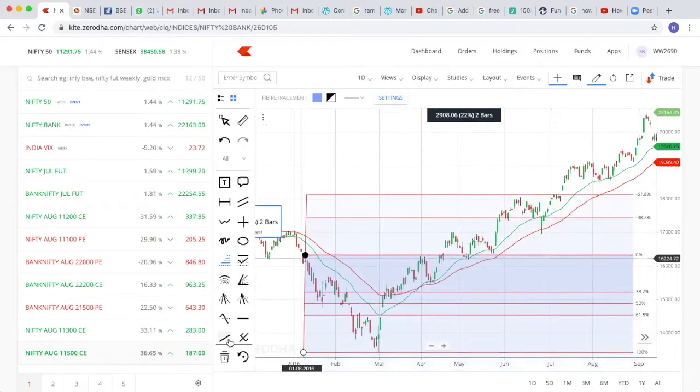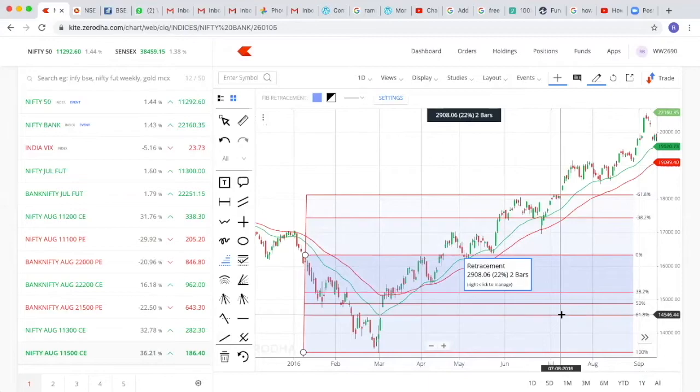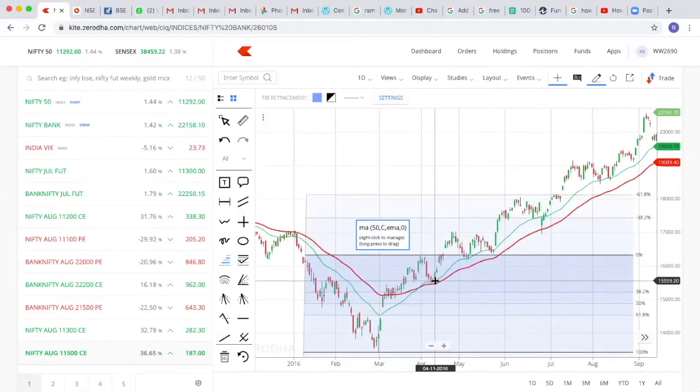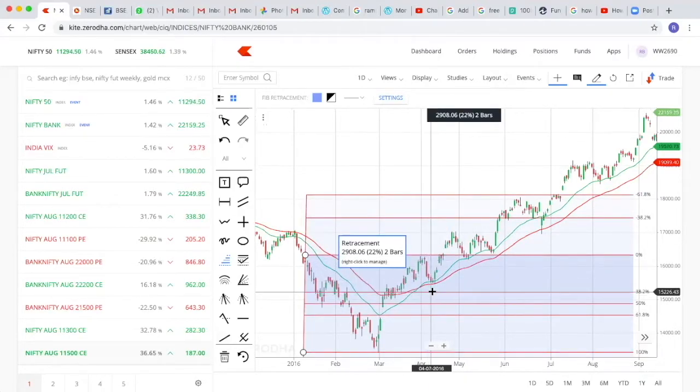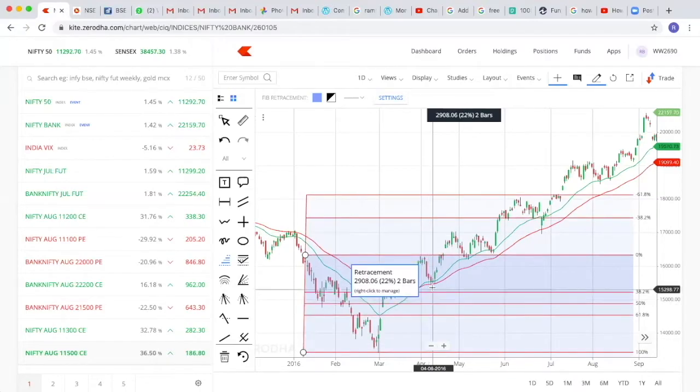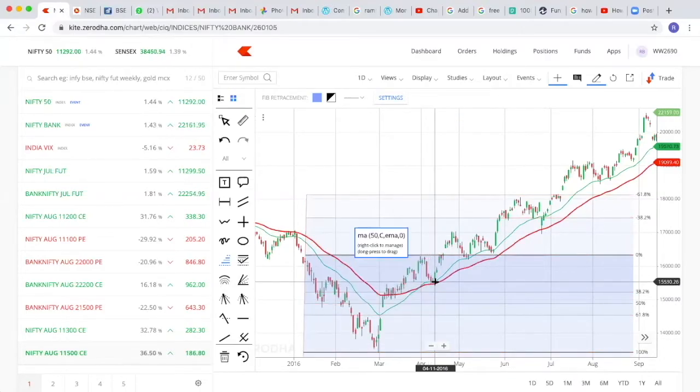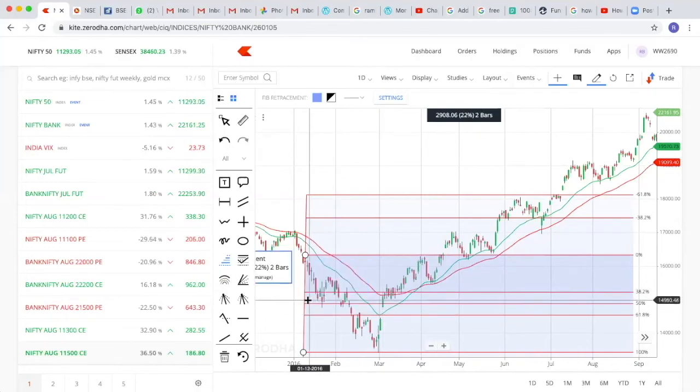In the Fibonacci series, these are the important and crucial levels: 38.2% and 61.8%. 61.8 is the golden ratio. That means if the market breaks this level, it will change the trend. You can see the market has not even touched the 38.2%, so it's okay. We can stay in the trade and it has again bounced back.